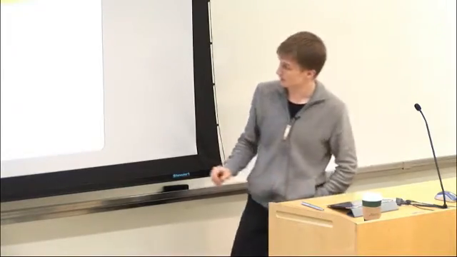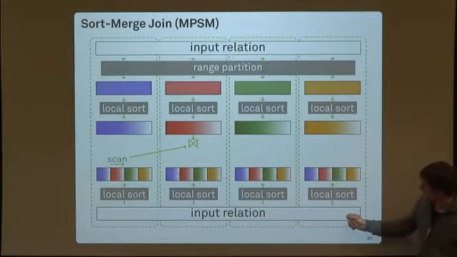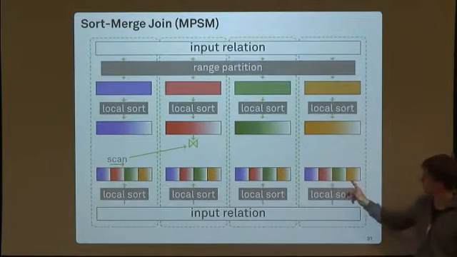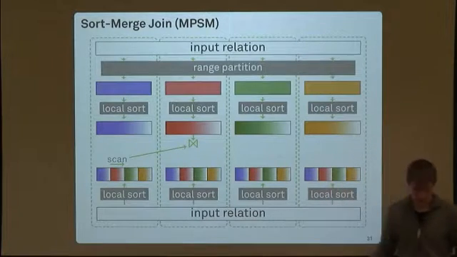So the strategy of this MPSM, massively parallel sort merge join, is to not globally sort the other relation, but just do a local sort. Then you end up with blue, red, green, and yellow data on each of the cores.